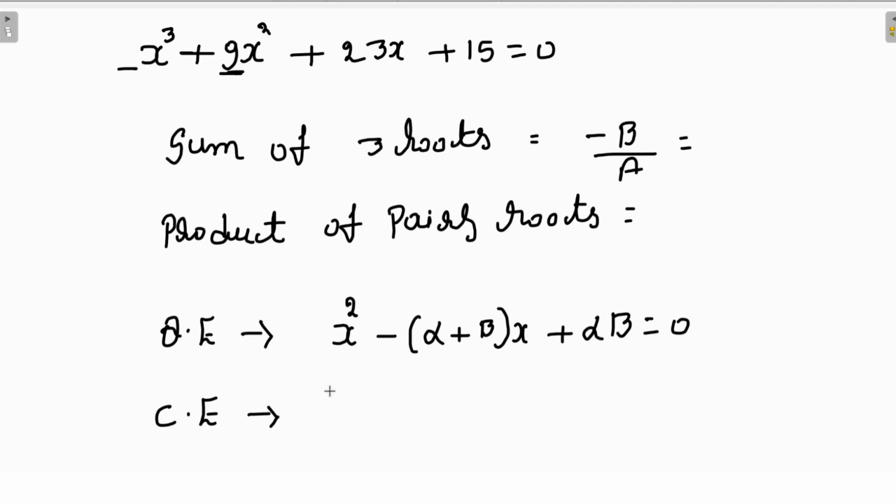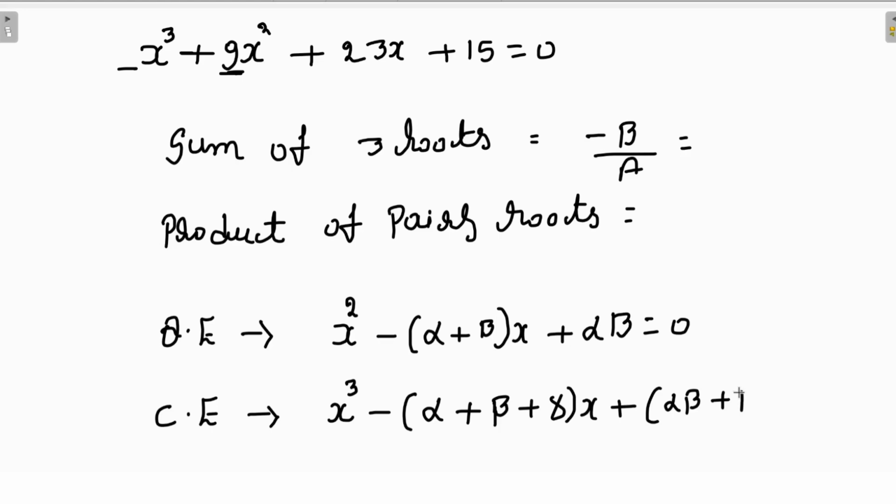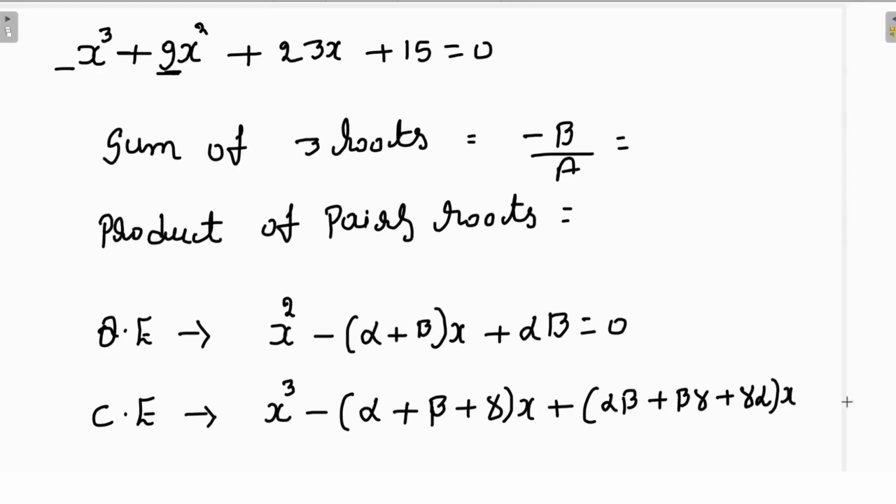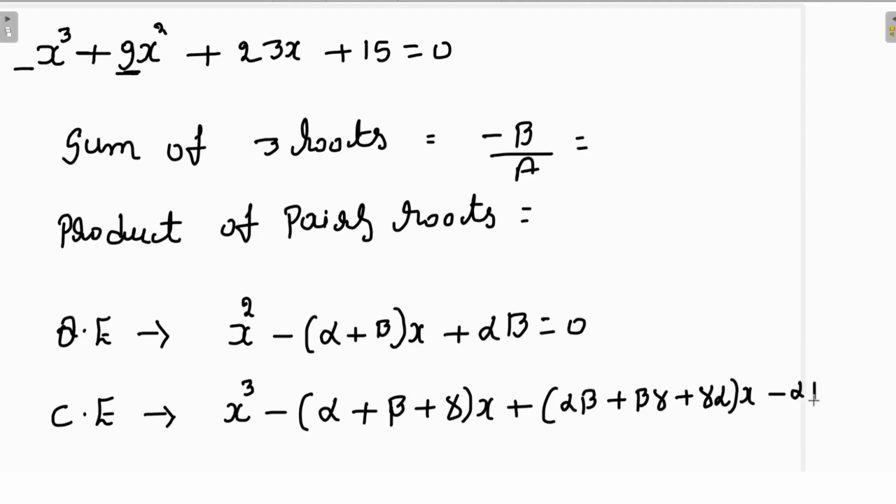I'm going to explain now. x cube as it is, minus the sum of the three roots, alpha plus beta plus gamma, into x square, plus the pairs of roots, alpha beta plus beta gamma plus gamma alpha, into x. Finally minus alpha beta gamma is equal to 0.